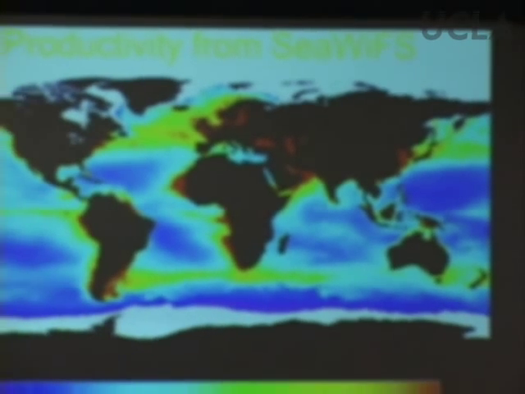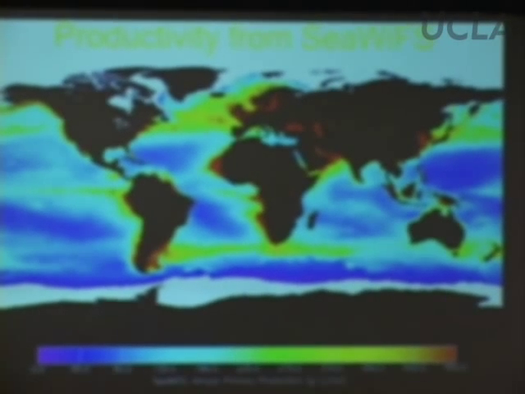All right, so putting that together, we get a picture something like this. This is an annual average primary productivity for the world's ocean inferred from the greenness of the ocean measured from space, from the SeaStar satellite using SeaWiFS, which is one of these instruments that measures the color of the ocean.